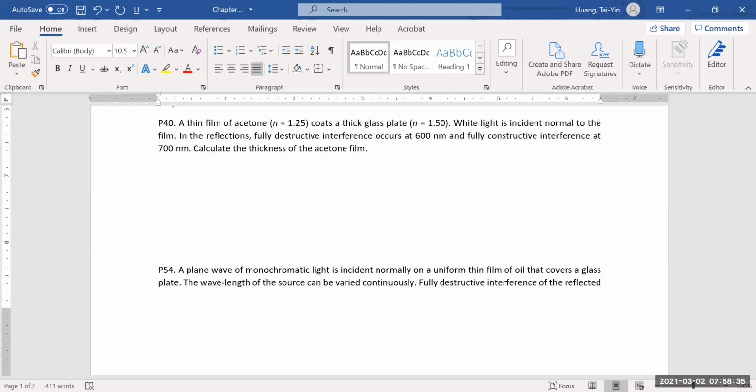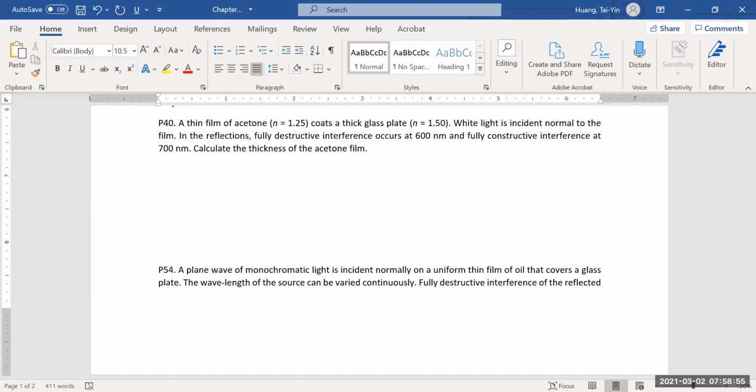So a thin film of acetone coats a thick glass while light is incident normal to the film. In the reflections, fully destructive interference occurs at 600 nanometers, and fully constructive interference occurs at 700 nanometers. Calculate the thickness of the acetone film.